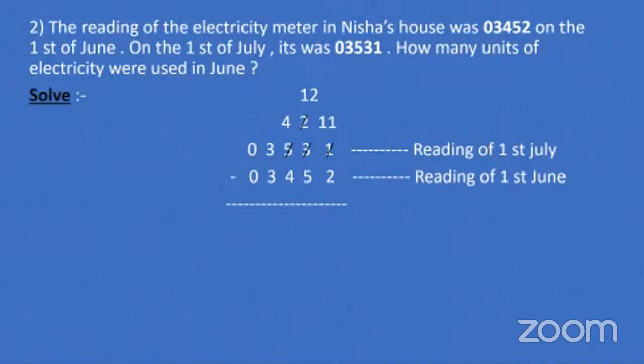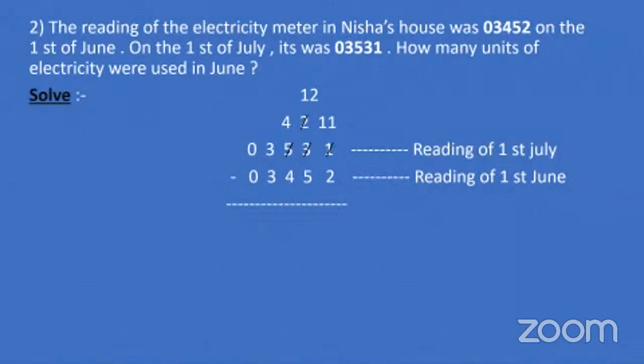No. July month's, beta, 3,531 is the reading of 1st July. And what is the reading of 1st June? 3,452. So we'll minus the reading of June from the reading of July.